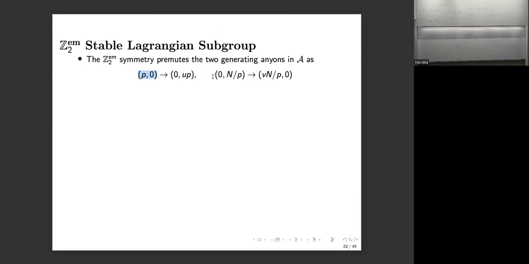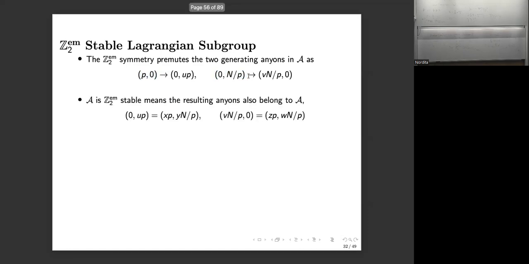And also you can work out how the other anyons are mapped under the EM symmetry. And Z2 EM stable just means that the resulting anyon must be a linear combination of the anyons within the given Lagrangian subgroup. So it means that this particular anyon, the EM image of the anyon in the Lagrangian subgroup, must also be a linear combination of the anyons in the Lagrangian subgroup.